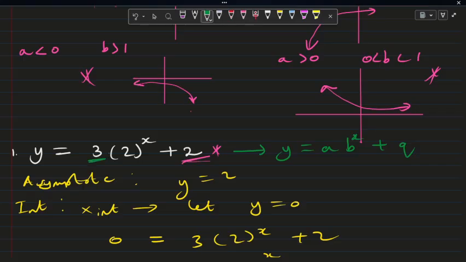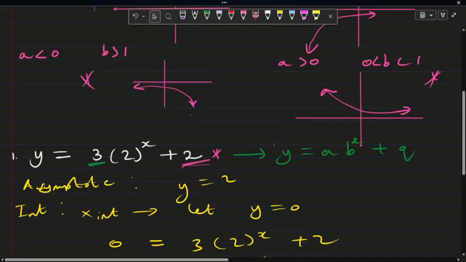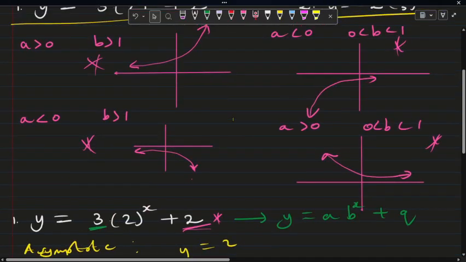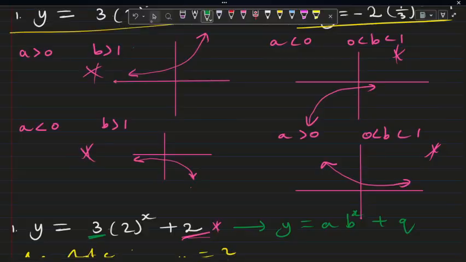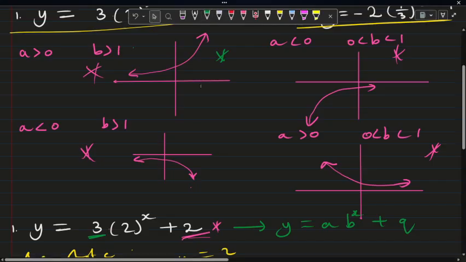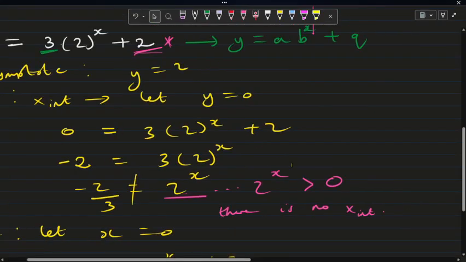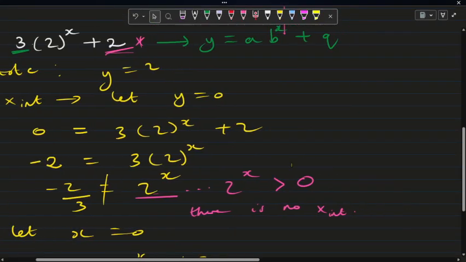We can see that a is positive 3, and b is equal to 2, so b is greater than 1. So we are looking for a situation whereby a is positive and b is greater than 1, and we can clearly see that this is the first scenario. So we are expecting our graph to look something like this diagram.